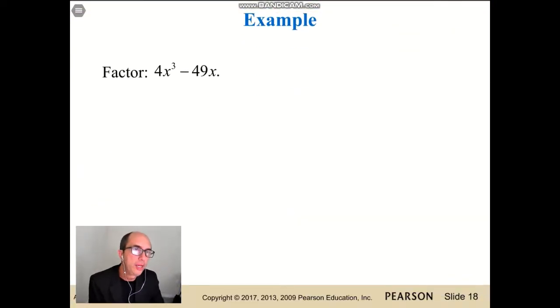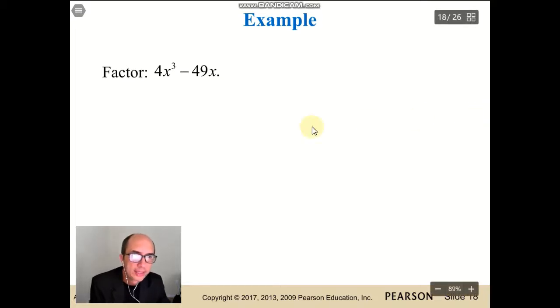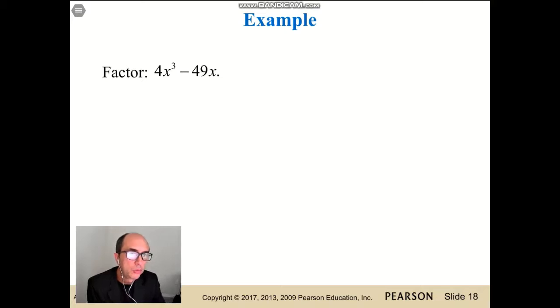One more example here, and now we have 4x cubed minus 49x. And what do you think about this example? Actually, this is not of the form a squared minus b squared, right?